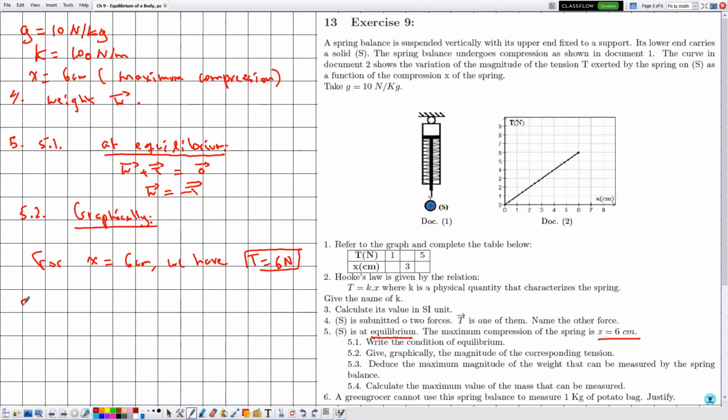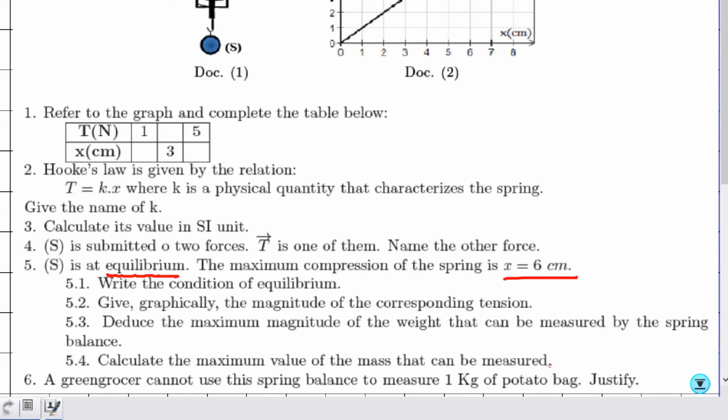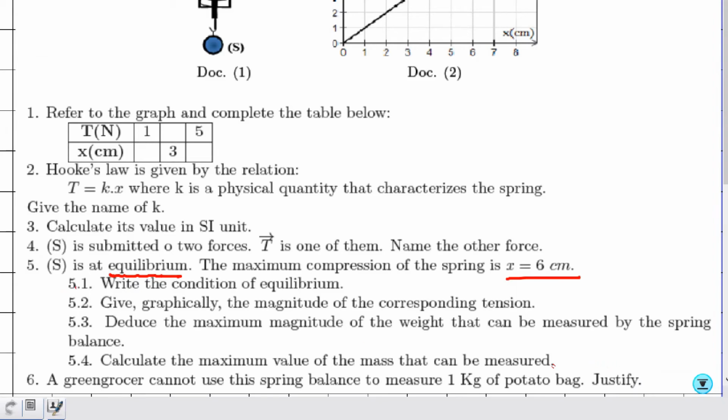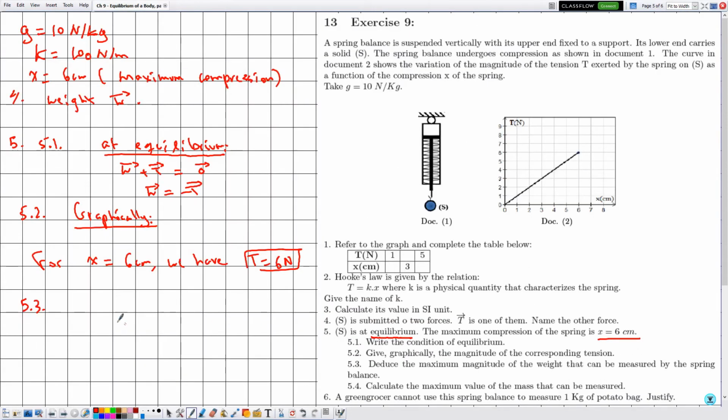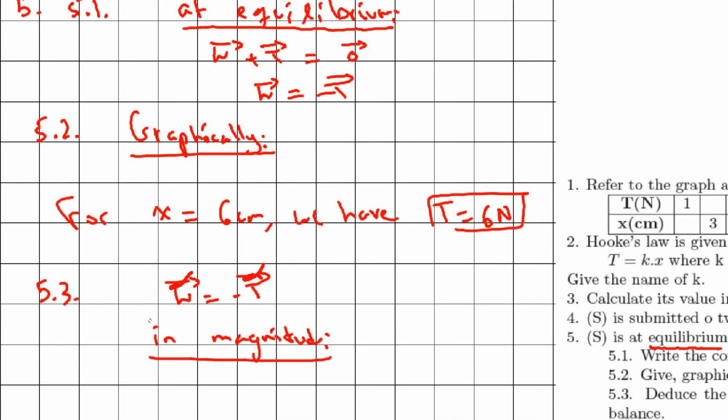Now 5.3 they are telling us to deduce the maximum magnitude of the weight that can be measured by the spring balance. Now because we have determined the maximum tension, the maximum weight can be deduced from the condition of equilibrium, because we have that the weight is equal to minus the tension. So in magnitude, now we drop down the vectors and we remove the minus sign.